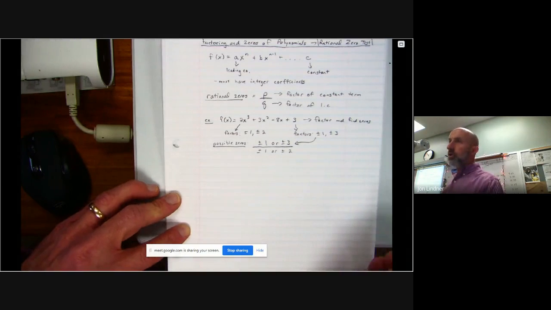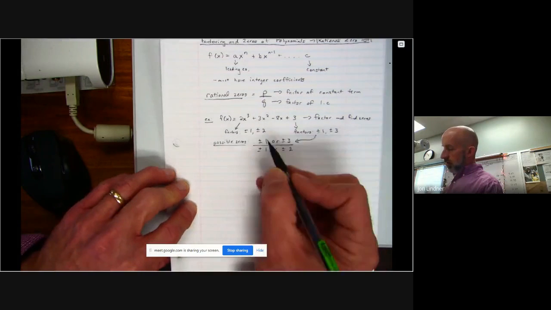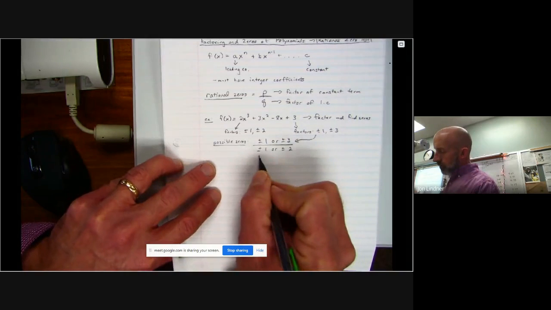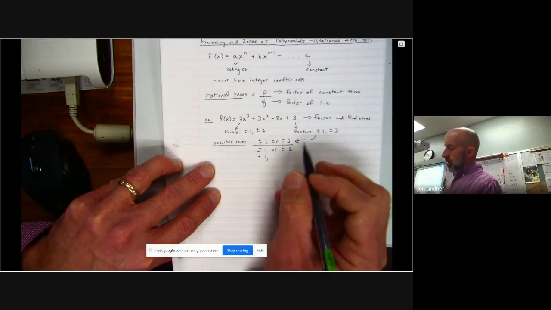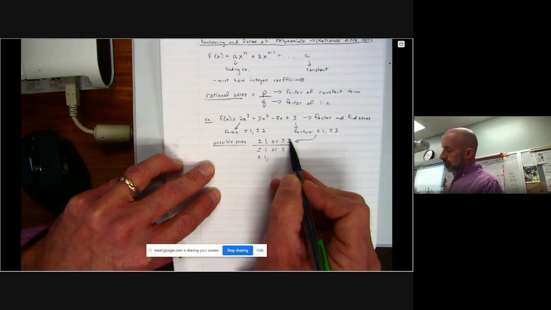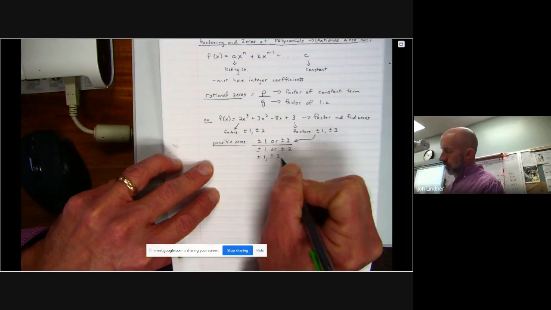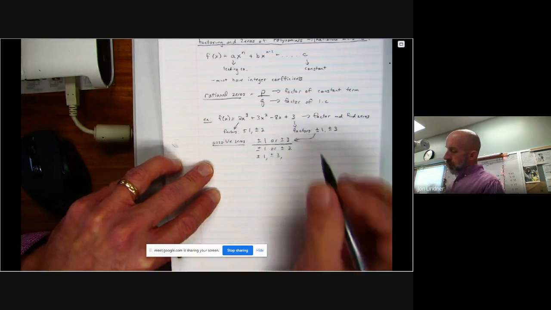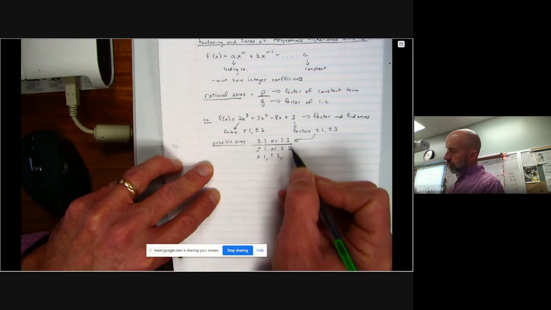Now what we have to do is we have to come up with all the possibilities that could work. So first, obviously I could do 1 over 1. So plus or minus 1 is a possibility. And then I could do 3 over 1. So plus or minus 3 is a possibility. But then I could do 3 over 2.